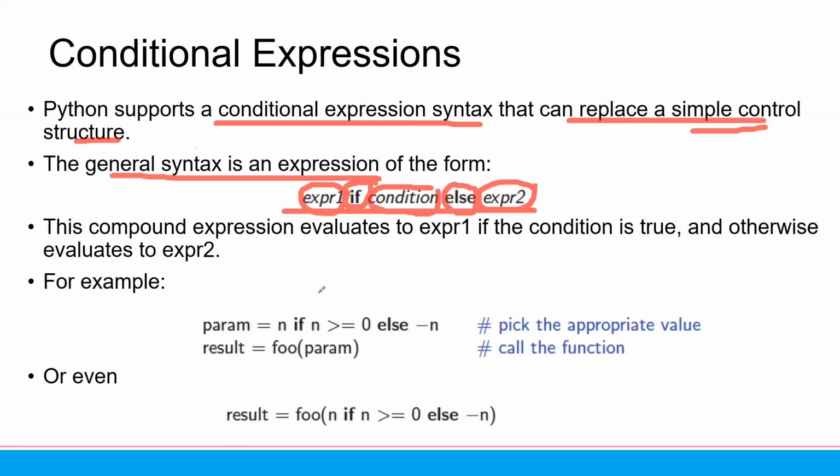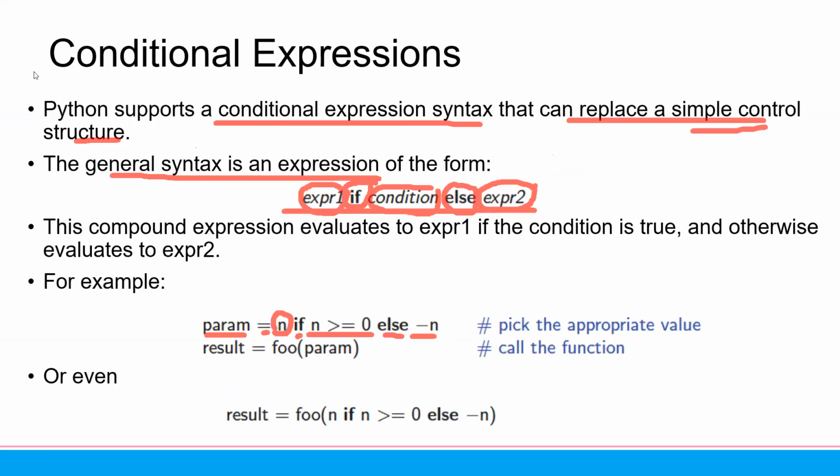So in this case, let's say I have the param, this is one variable, it will be equal to n if n is greater than 0, else minus n. Okay.